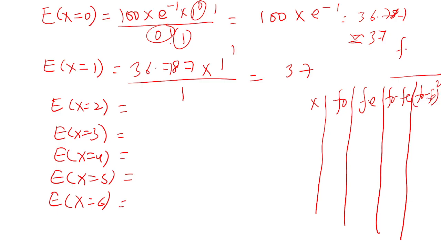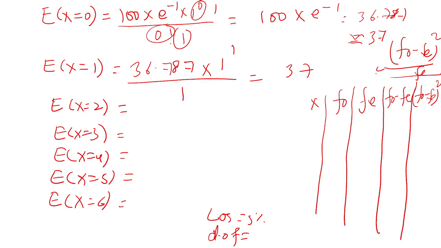Similarly, the last column is FO minus FE whole square upon FE. Then do the summation, and it will become the chi-square test. Then take the level of significance at 5% and the degrees of freedom, how much do we have? 0, 1, 2, 3, 4, 5, 6. So it will become like this.